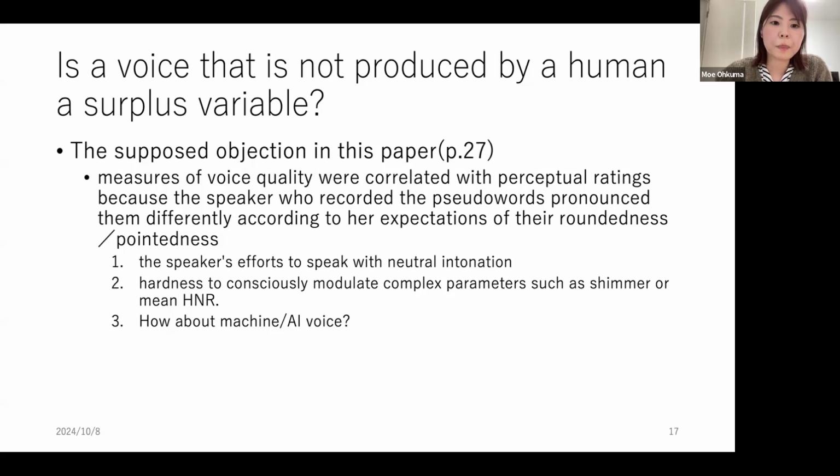So they said about this supposed objection, the speaker's effort to speak with neutral intonation and harshness, to consciously modulate complex parameters such as shimmer or mean HNR.